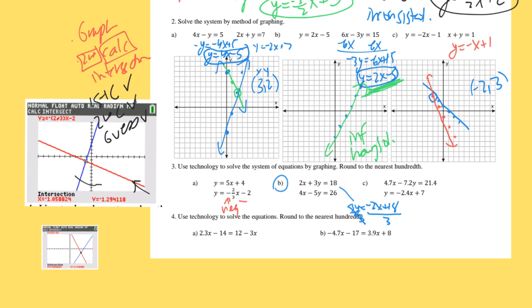And the second one, again, because the numbers are not so lovely, you could minus 4x, and so then you would get y is equal to negative 4x plus 26 all over negative 5. And so you can type that in your calculator, and your answer to that problem is going to be 7.64, and then it's also going to be 0.91.